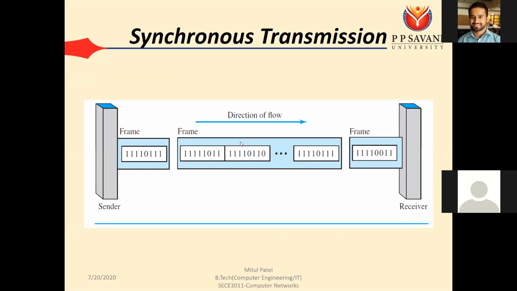There should not be any timing gap between these 32 bits. They should be sent from sender to receiver without any delay, but there can be a gap between one frame and another frame. So we can say it is synchronous at the byte level, but asynchronous at the frame level, like that.